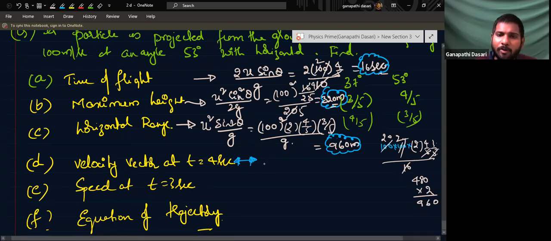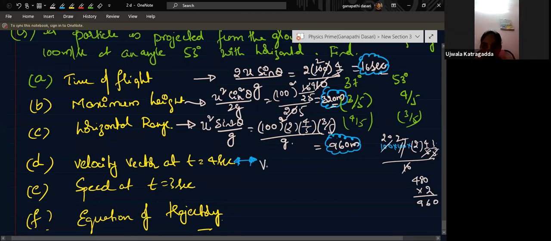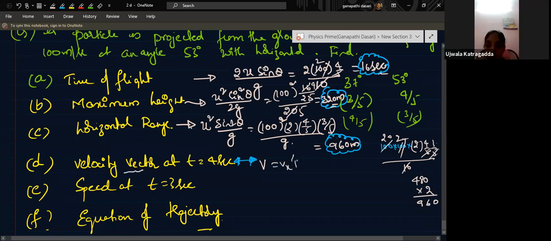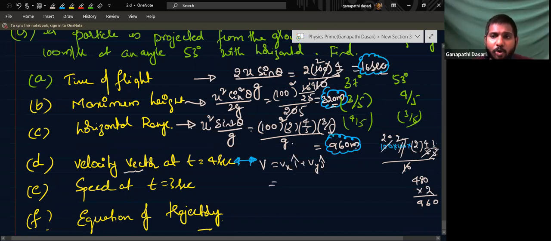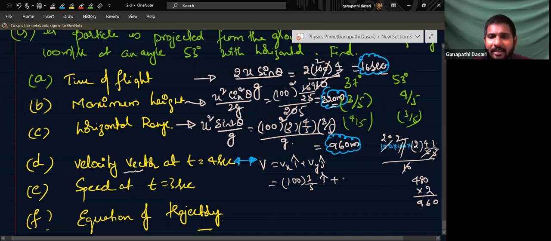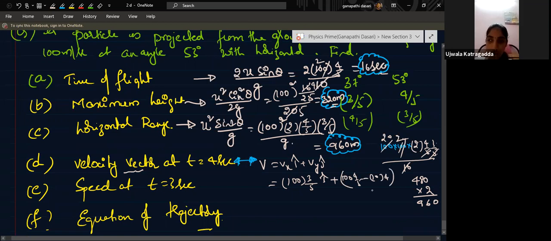Velocity vector at t equal to 4 seconds. How to write the velocity vector? I told you, the velocity vector is Vx i cap plus Vy j cap. Vx is u cos theta, which is 100 into 3 by 5 i cap, plus u sin theta minus gt, that is 100 into 4 by 5 minus g, which is 10, into t, which is 4, into j cap.